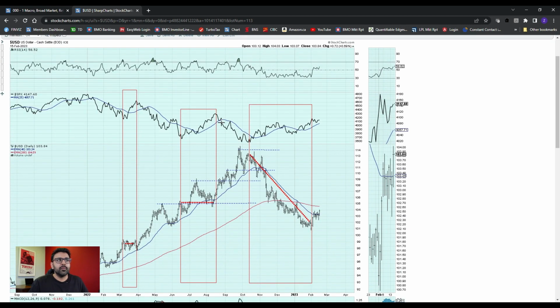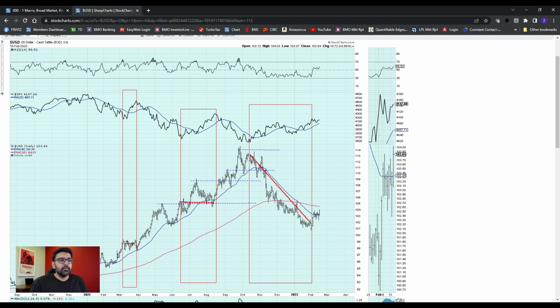What I've drawn on this chart is a recent relationship between the US dollar and the stock market. Maybe it's nothing, but to my eye, I noticed something. Back in March, the US dollar paused a bit, and you saw a rally in the stock market.